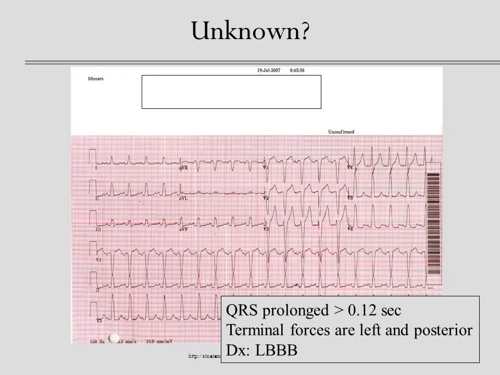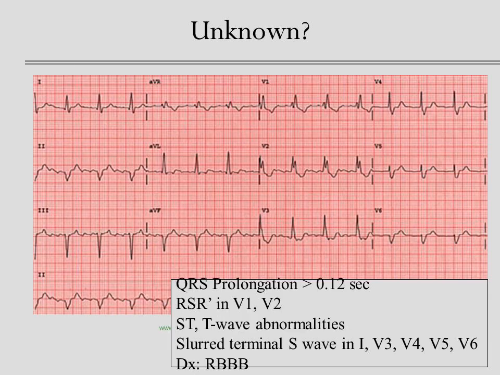ECG example: QRS prolonged more than 0.12 seconds. Terminal forces are left and posterior. Diagnosis: LBBB. Next example: QRS prolongation greater than 0.12 seconds.